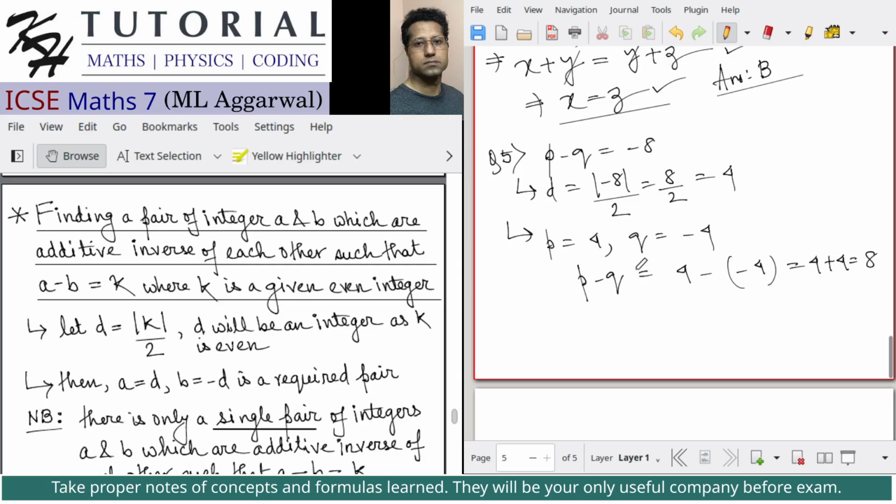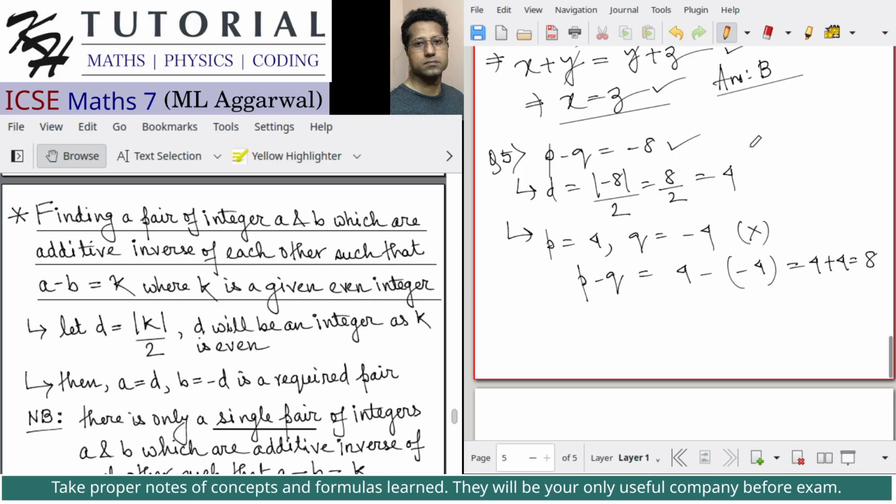So definitely p equals 4 and q equals minus 4 is the wrong assignment, wrong value. Actually p will be equal to minus 4 and q will be equal to 4. So after finding d, you will obviously know that the two integers will be 4 and minus 4, but which one will be 4, whether p will be equal to 4 or q will be equal to 4, you have to decide that based on the given fact p minus q is equal to minus 8.